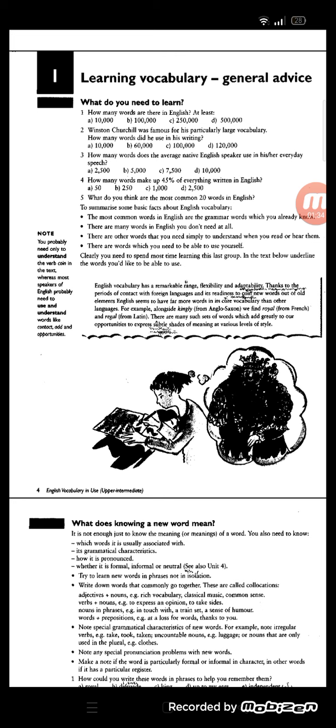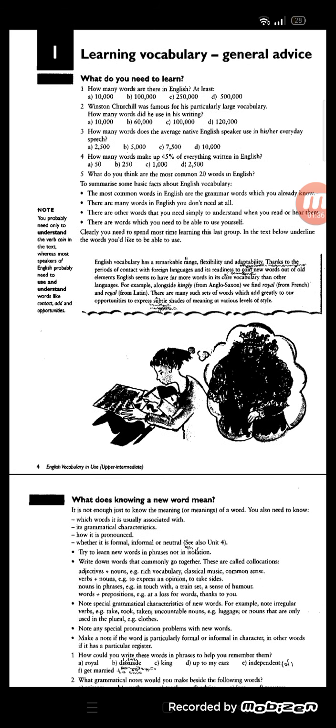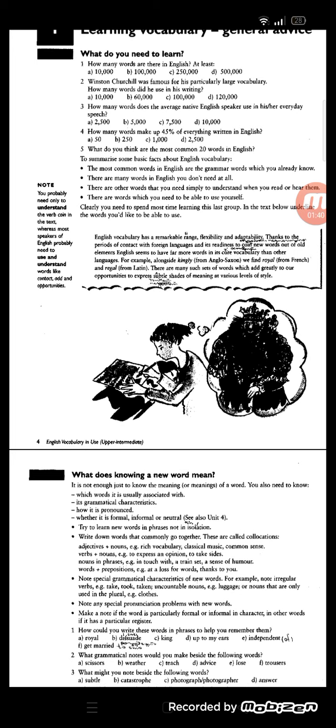For example, alongside kingly from Anglo-Saxon with royal and regal, there are many such sets of words which add greatly to our opportunity to express subtle shades of meaning at various levels of style.